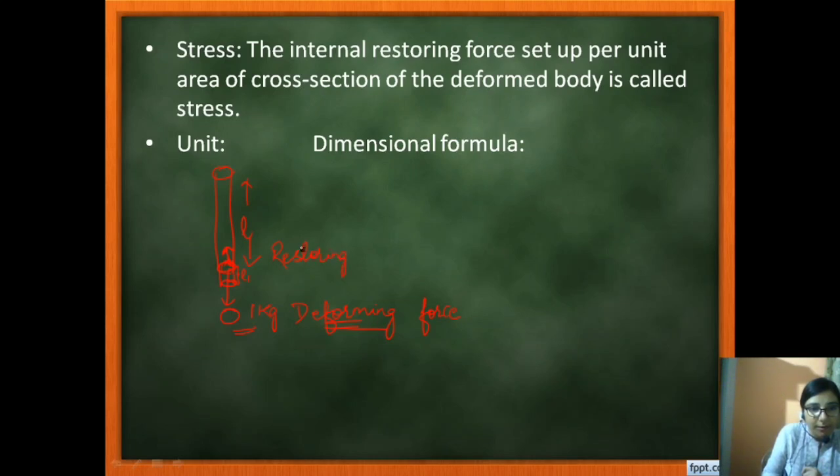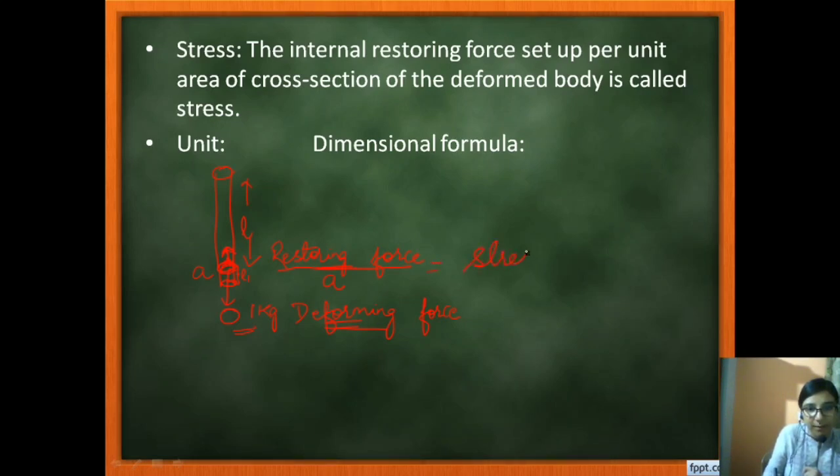This restoring force acts on the area of cross section, and suppose the area of cross section is A. Now if we divide this restoring force by the area of cross section on which it is acting, this ratio is called stress.